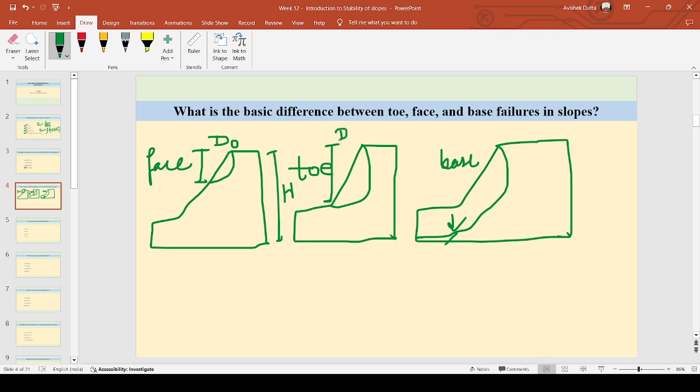Here D naught is equal to H, and here D naught is obviously more than H. The ratio of D naught to H is called the depth factor, which we'll see in the upcoming questions. I have given some questions regarding the depth factor. We'll discuss it then.